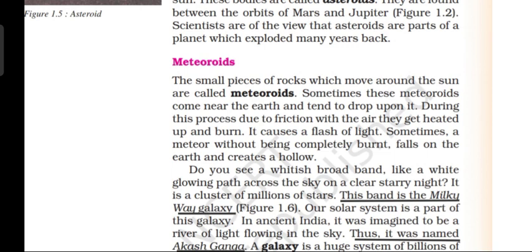Due to friction, because these meteoroids fall with a lot of force, due to friction with the air, they get very heated and then they start burning. So, the burning of meteor causes a flash of light. Now, sometimes these meteoroids, without being completely burnt, fall on the surface of the earth and create holes on the surface of the earth. So, these are meteoroids.